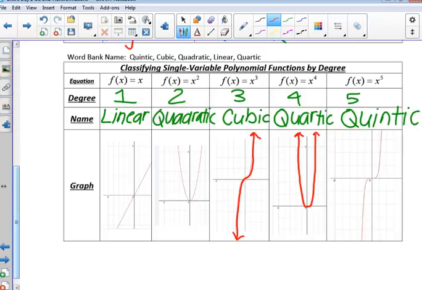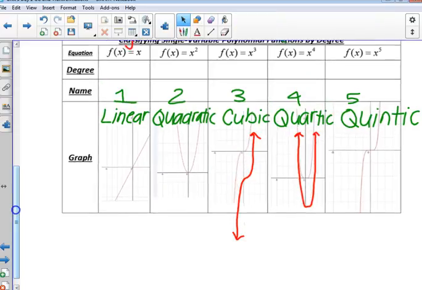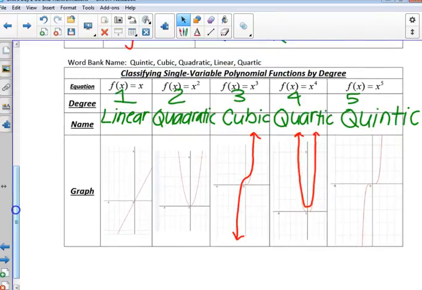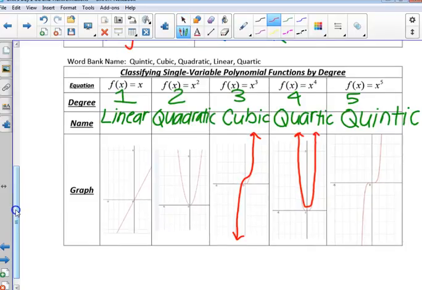X to the third, we have this little squiggle here, but then when we have x to the fifth, the squiggle just gets a little flatter at the origin. Any questions? Okay. Flip the page.